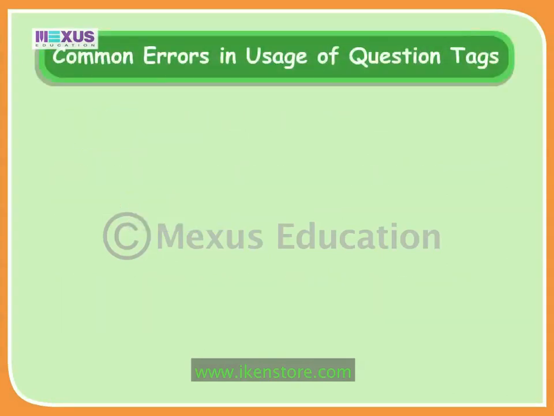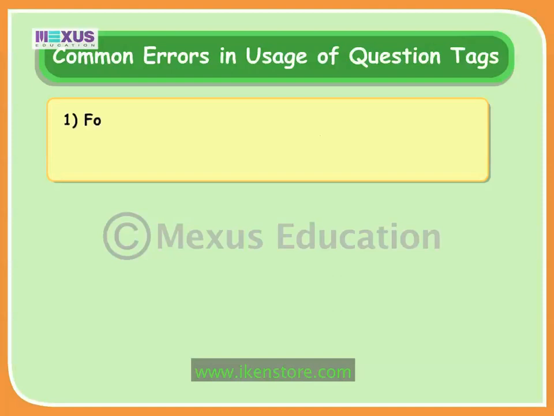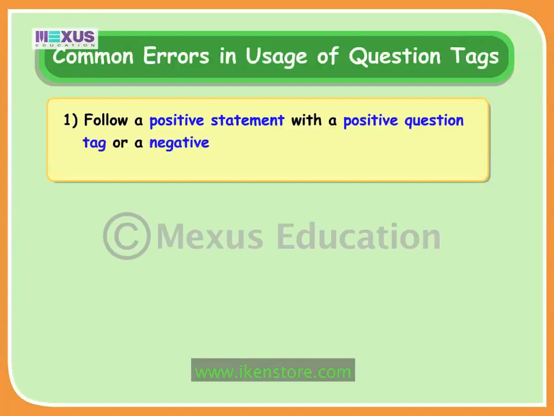We need to be very careful when using question tags. There are two very common errors that should be avoided. The first error is following a positive statement with a positive question tag or a negative statement with a negative question tag.